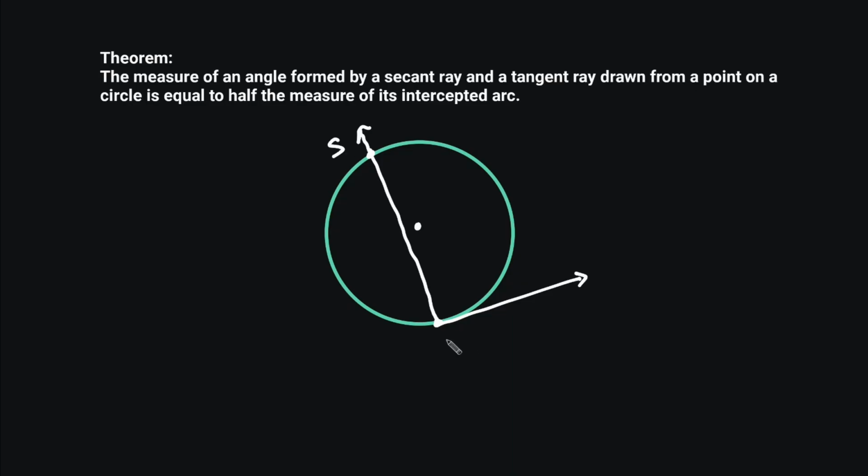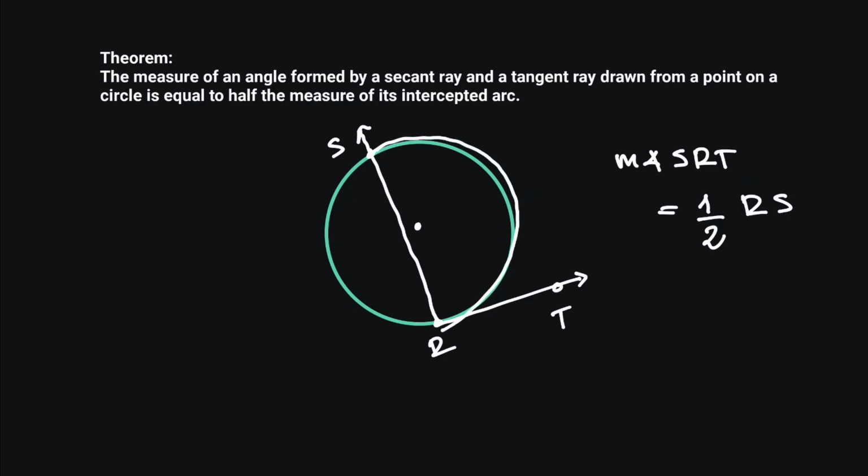Let's call this S, this R, and this T. What it's saying is that the measurement of angle SRT is going to be equal to half the arc RS, or SR. So it's going to be half of this arc right here.